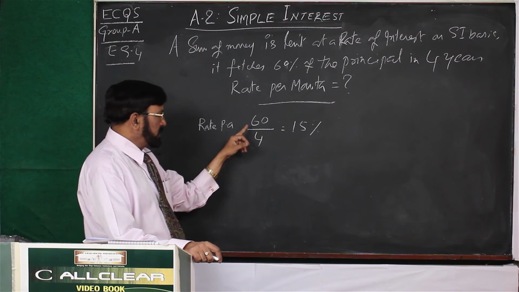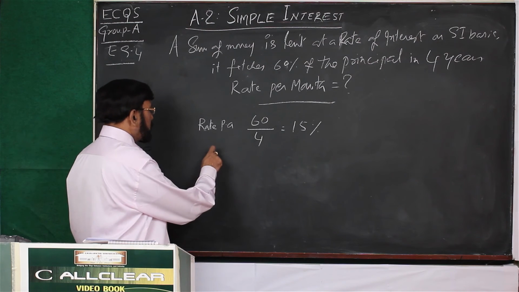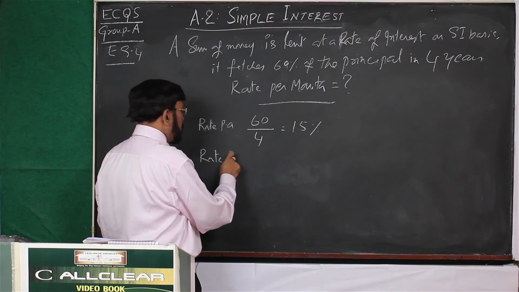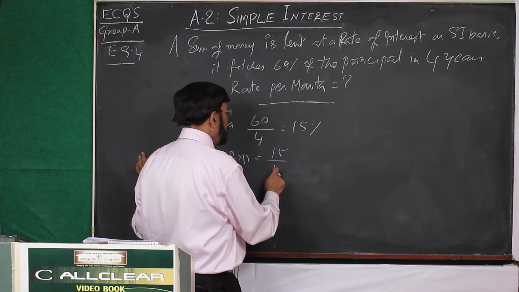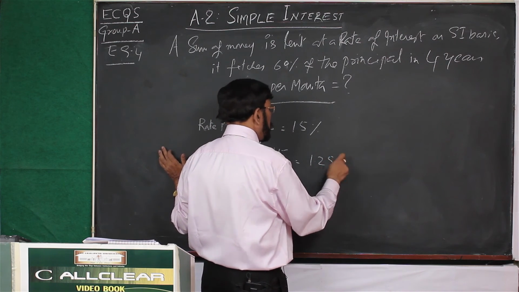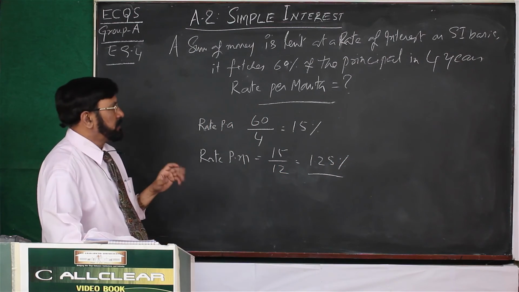So, for 1 year, 60 by 4, it is 15%. So, what we have to calculate? A rate per month, not for annum. So, 15 by 12, it comes 1.25, 1 rupee 25 paise per 100 per month.